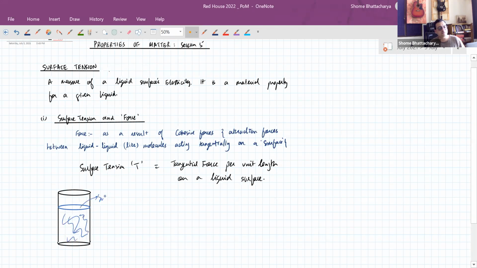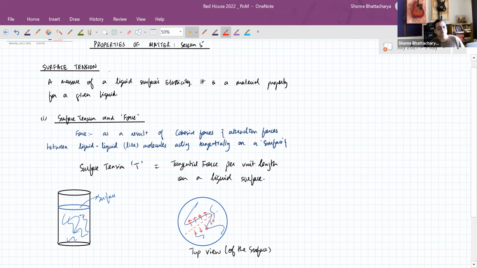So imagine this surface. Now if you take a top view of that surface, then along any imaginary line on the surface, there will be forces acting tangentially.